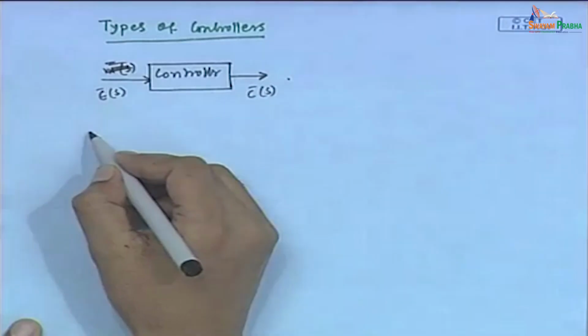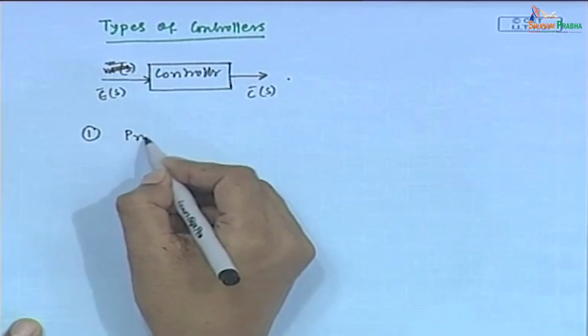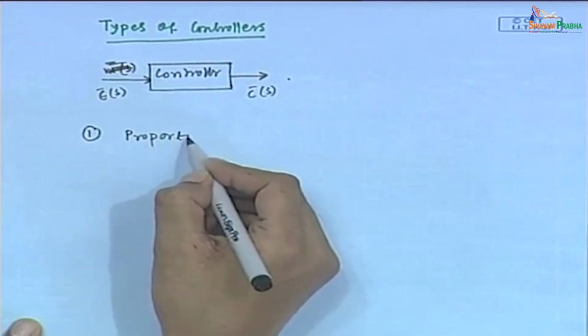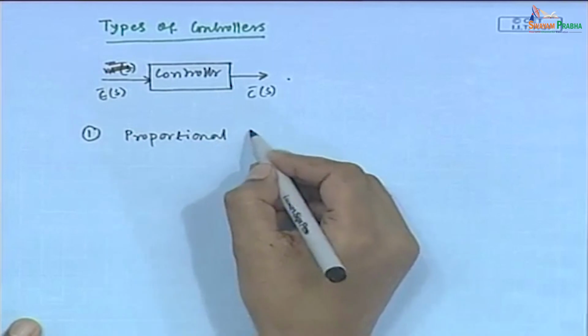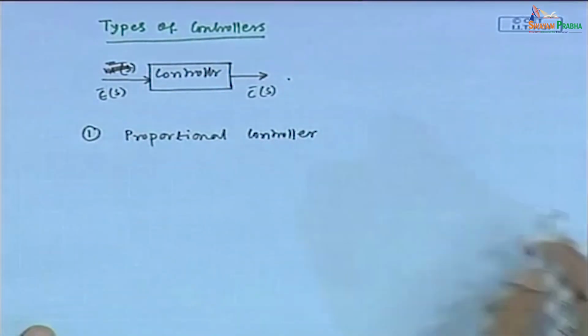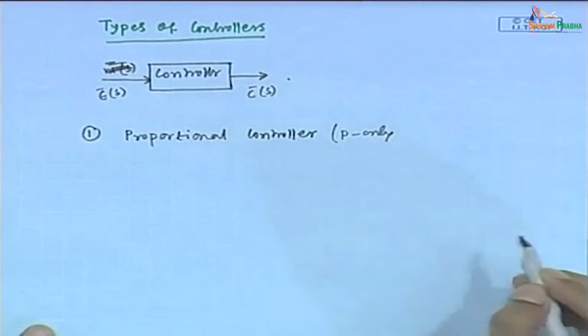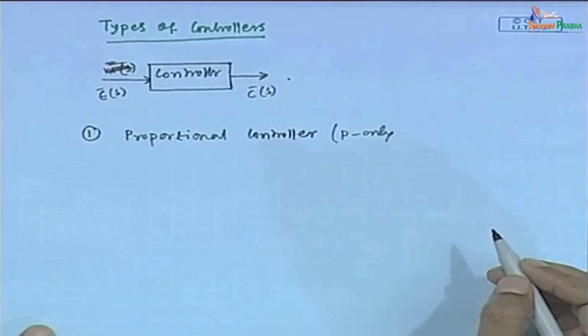So, first we will consider three types of controllers which are classical controllers and which are definitely feedback controllers. These three controllers are proportional controller, which is also named as P only controller.